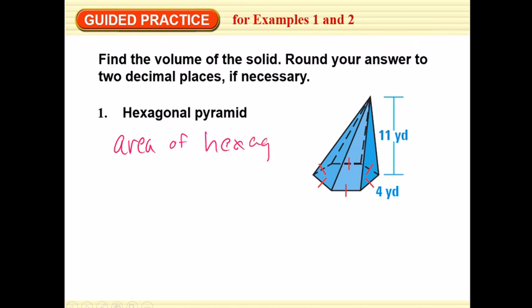We do know here that the sides are all congruent, so that means it is a regular hexagon. You're going to need to search for that formula, and then you should be able to find the volume of this pyramid. Go ahead and pause the video, show your work, and see if you get a matching solution.